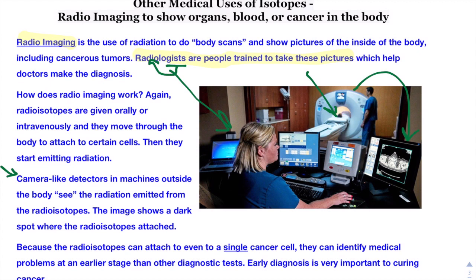Because the radioisotopes can attach to even a single cancer cell, they can identify medical problems at an earlier stage than other diagnostic tests. Early diagnosis is very important to curing cancer.